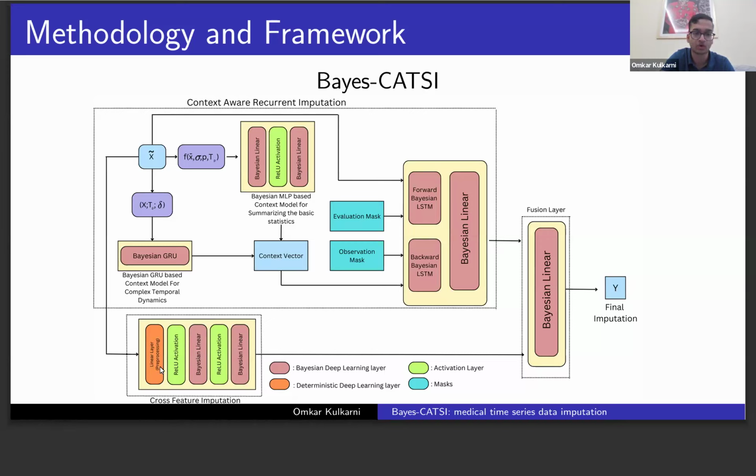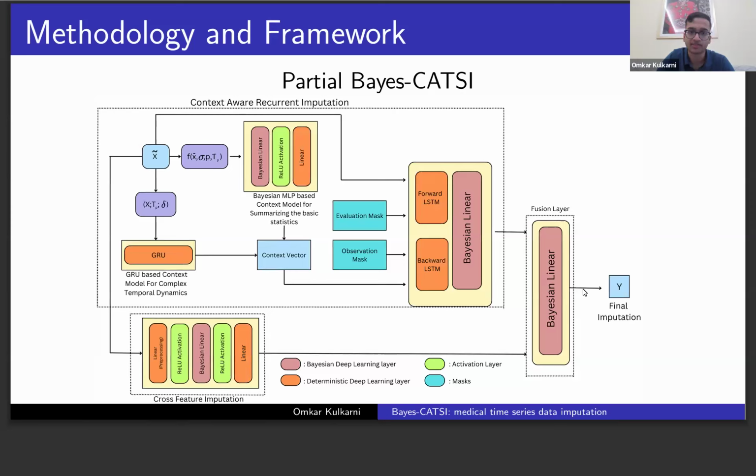Simultaneously, we have the output from the cross-feature imputation component, which uses Bayesian multi-layer perceptrons. The output from both of these models is merged using the fusion layer to give the final imputation.